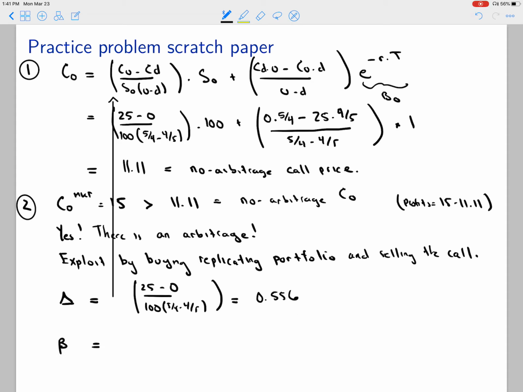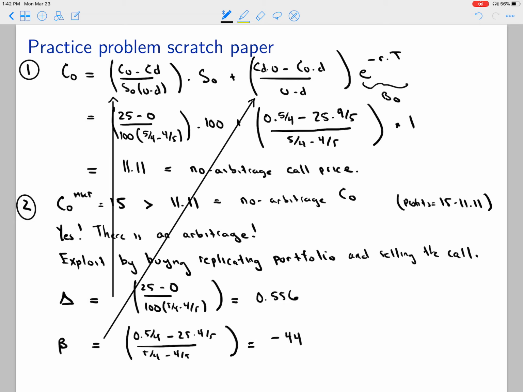And beta is given by the amount over here. Okay. We just calculate it out. 0 times 5/4 minus 25 times 4/5 over 5/4 minus 4/5. Okay, this is going to be minus 44.